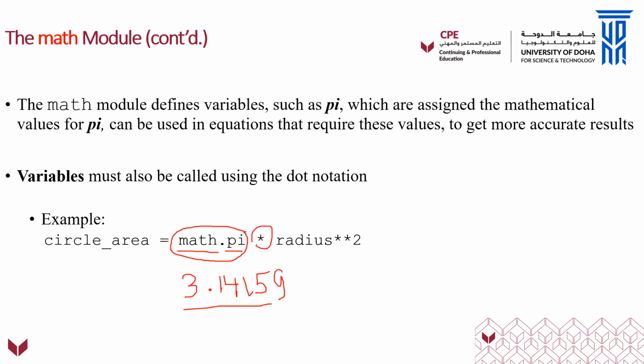And it will be multiplied by radius to the power of 2. So radius asterisk asterisk 2 means raise radius to the power of 2. So after raising radius to the power of 2, the result will be multiplied by the value of pi, and this will be considered as the area of the circle.